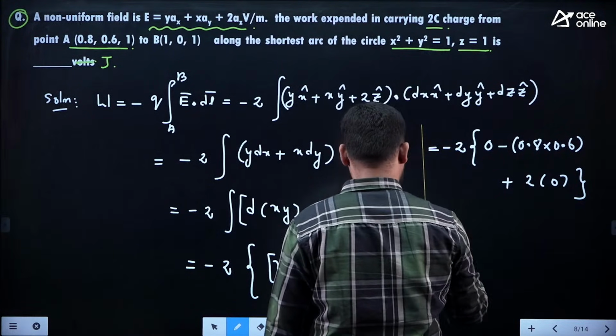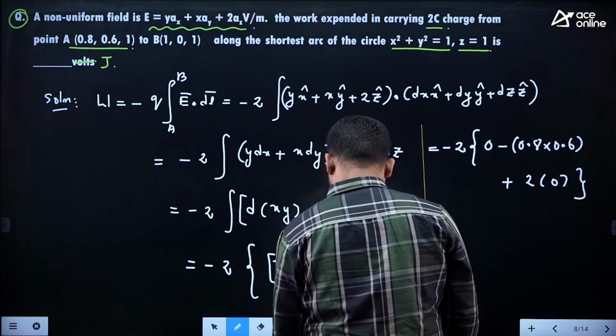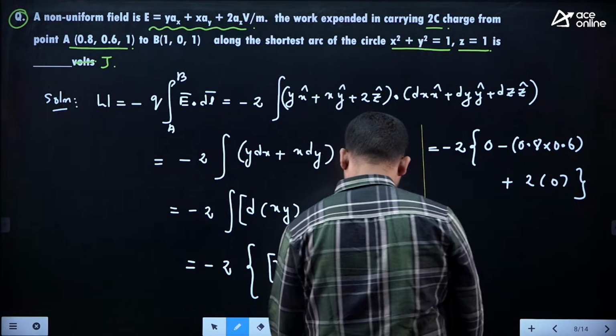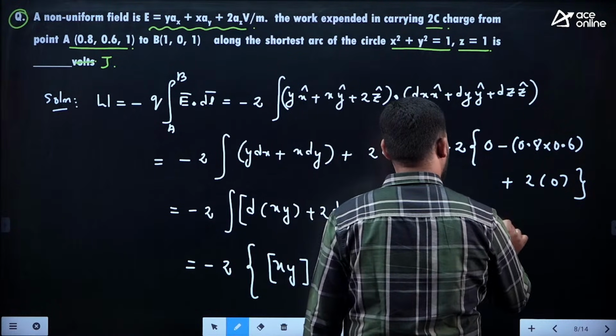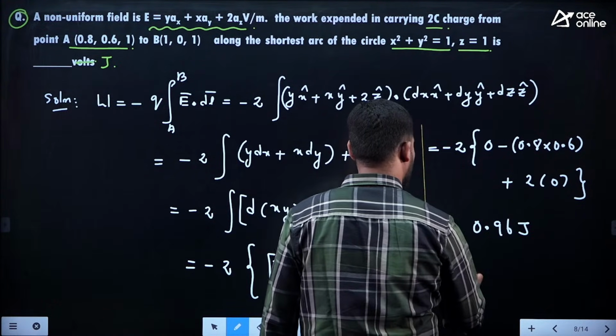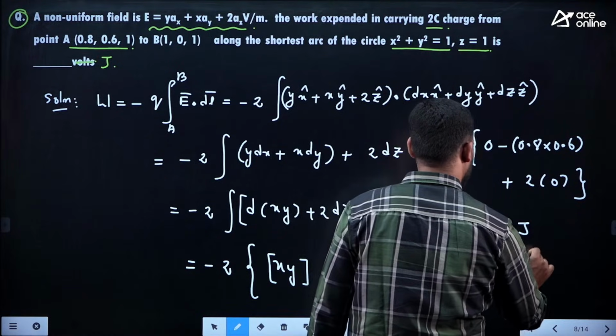So it will become a positive value. Check out this value. My calculator is showing its value as 0.96 joules. So this is the work done, 0.96 joules.